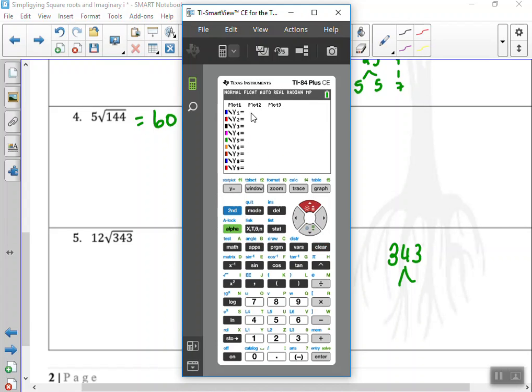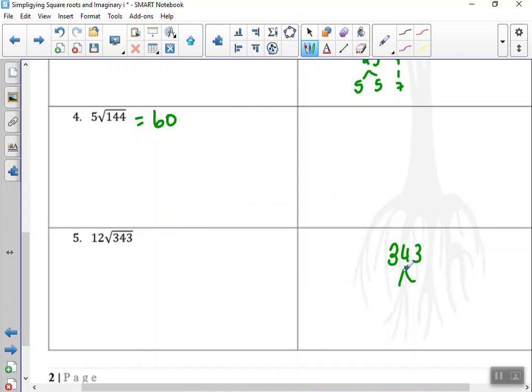If you want to look up factors, just go to y equals, put 343 divided by x, then go to second table and look up factors here. There it is, 7 and 49. So 343 is the same thing as 7 times 49.